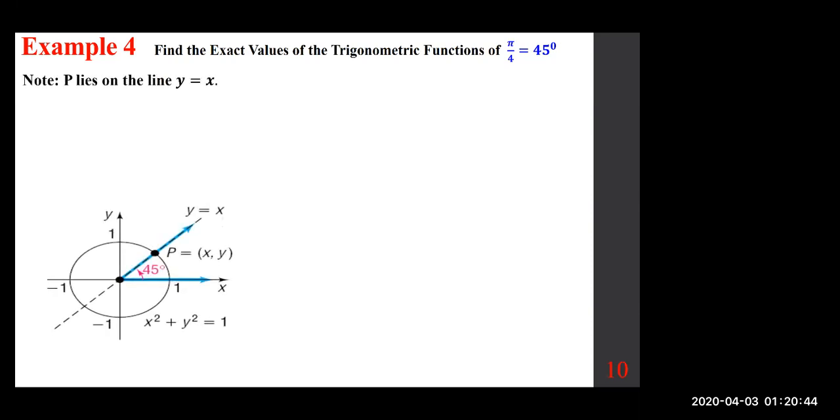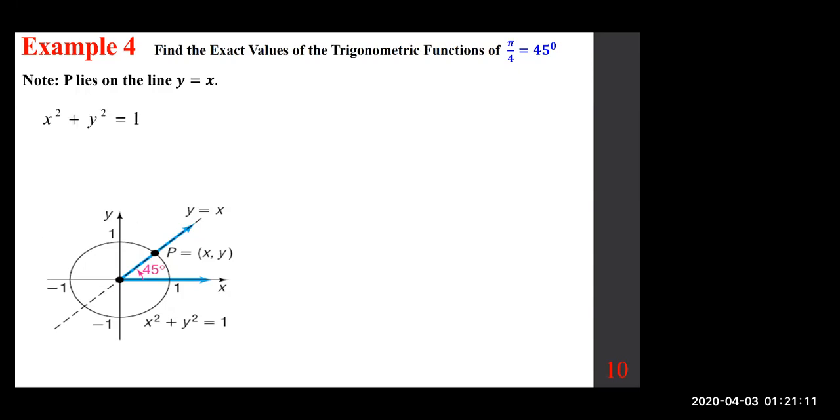As you can see, the point P lies on the line y equals x, because it's 45 degrees. And so if we go with that, we know that x squared plus y squared equals 1.